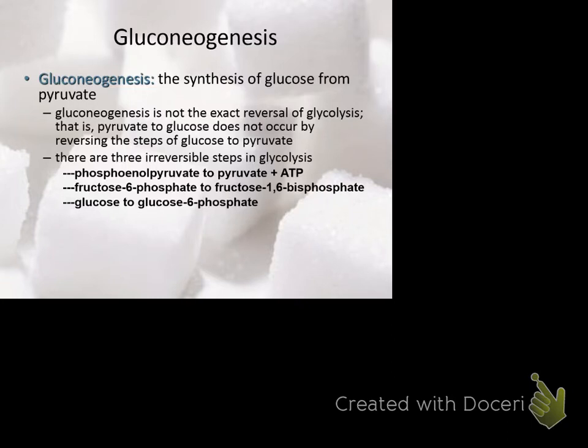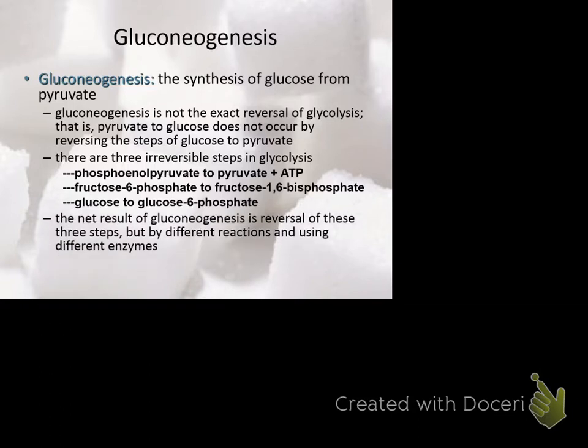Pyruvate kinase. And then we have fructose 6-phosphate to make fructose 1,6-bisphosphate, which was phosphofructokinase 1, or PFK1. And then finally we have glucose to glucose 6-phosphate, and that was hexokinase. And so we have to have some way to get around these.